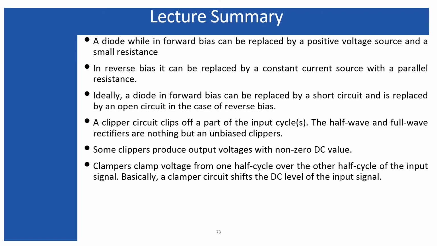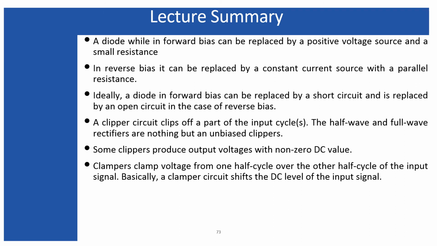Now, a clamper operation is that the clamper operation clamps one of the input signal upon the other input signal or other half cycle of the input signal. So that is the clamping operation. Or clamping operation basically shifts the input voltage or input signal to a particular direction, either in the positive direction or towards the negative direction.